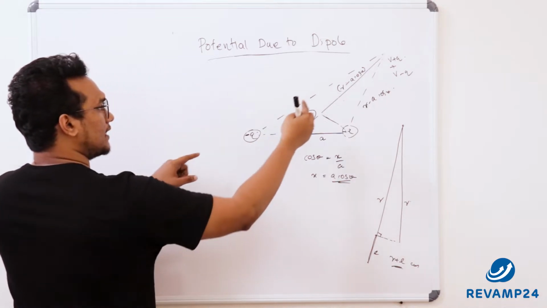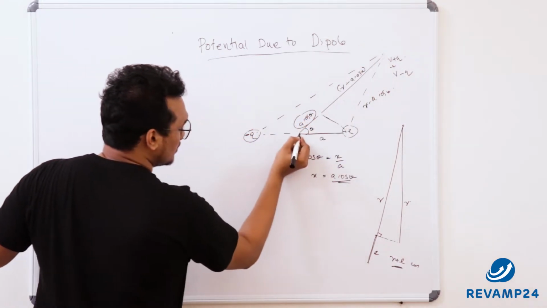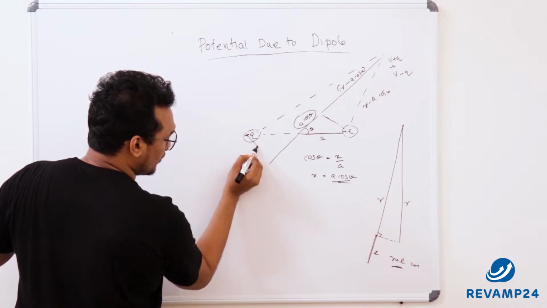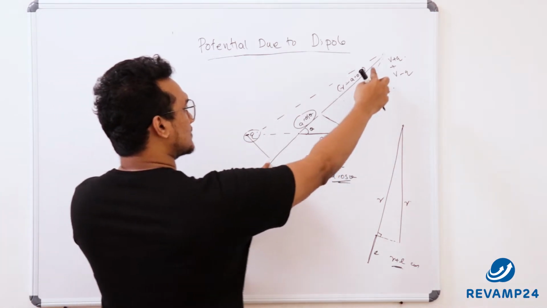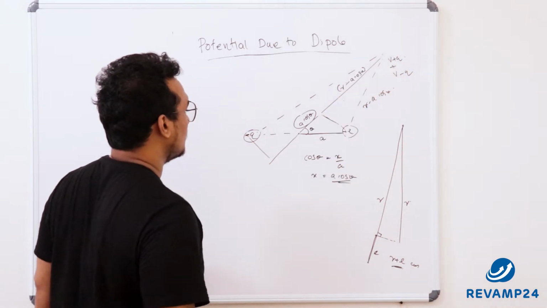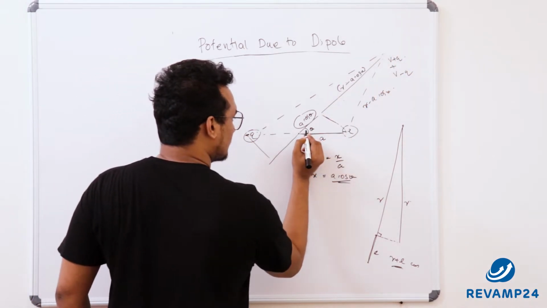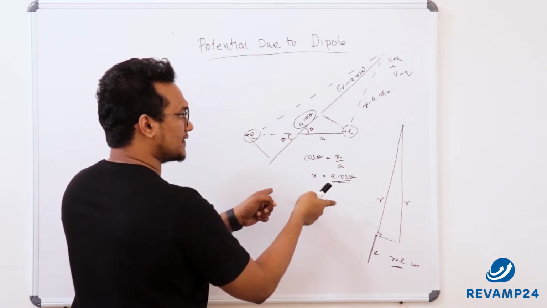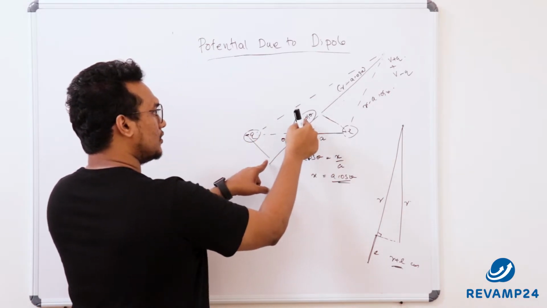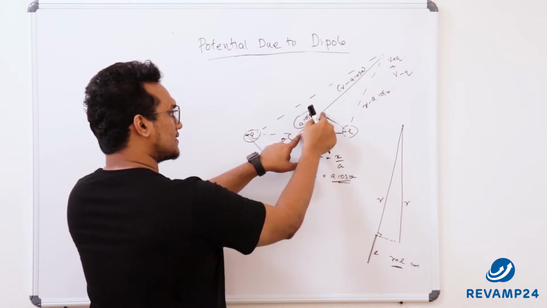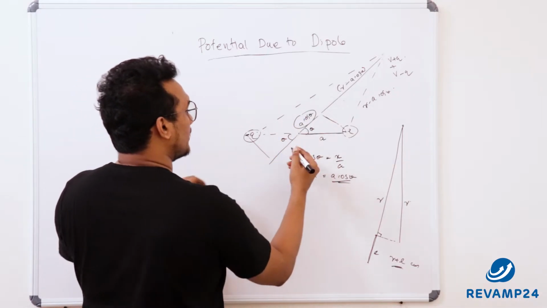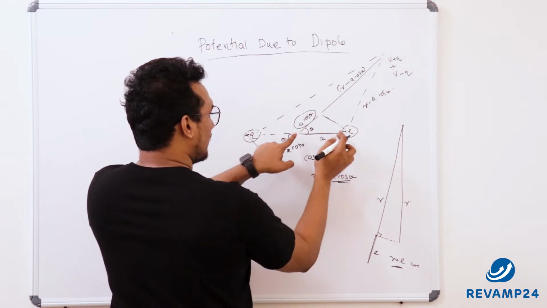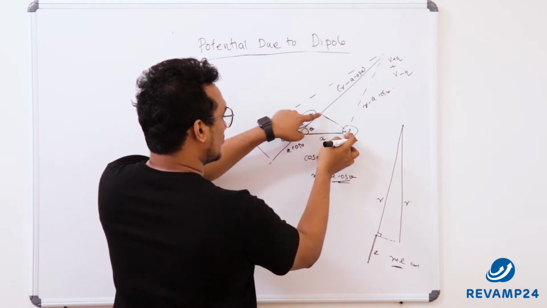Now similarly, we can find the value of this one. How? Just draw this line and draw a perpendicular in this way. Now this distance will be equal to this distance. These are similar triangles. If this is theta, this is the opposite angle theta. So what is the property of similar triangles? You can apply that. You will come to know that if this is a cos theta, this will also be a cos theta. So this one is equal to this one, and this one is equal to this one.